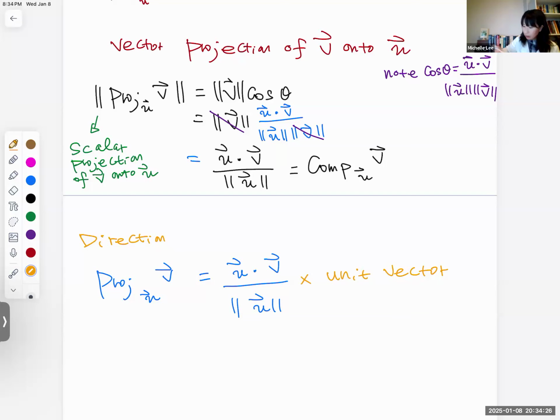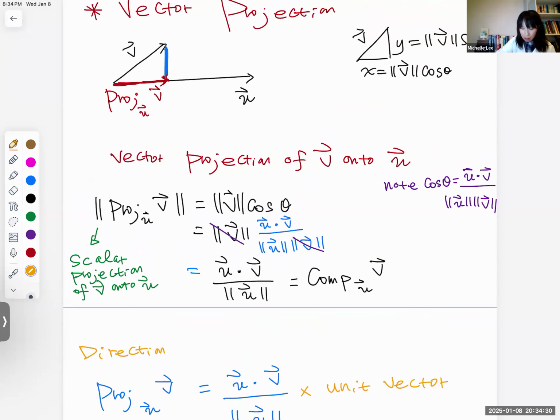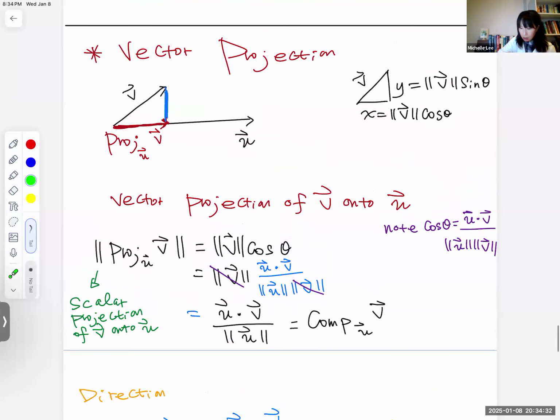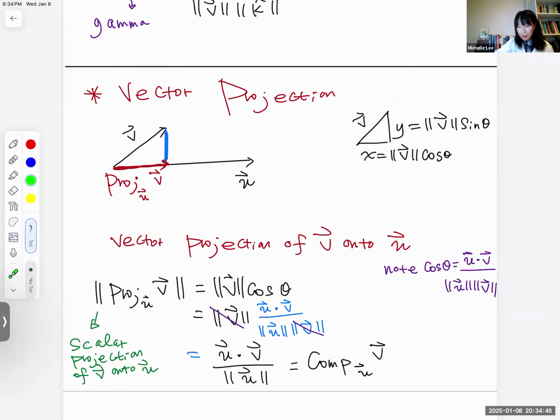Okay, then we said in the beginning, the vector projection of V onto U has the same direction as U, right?